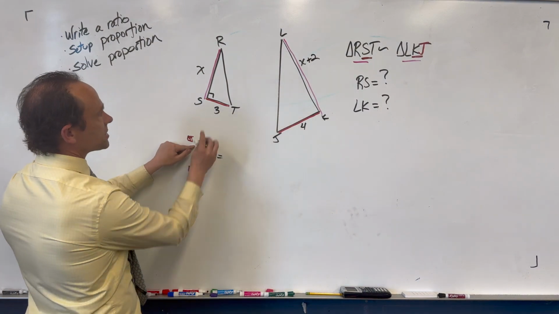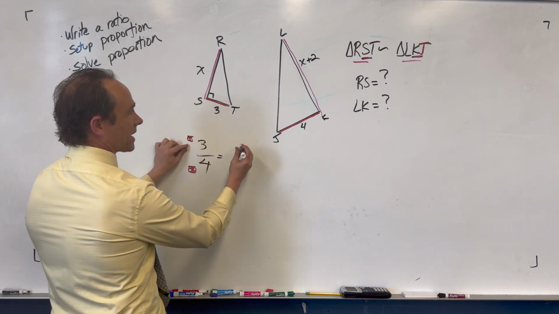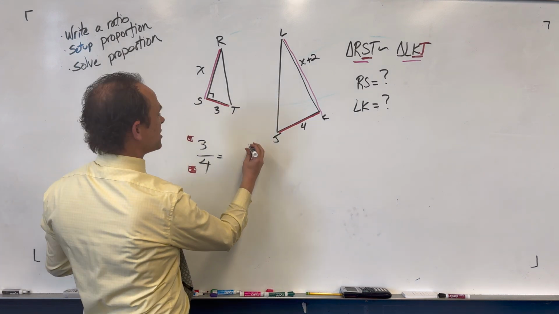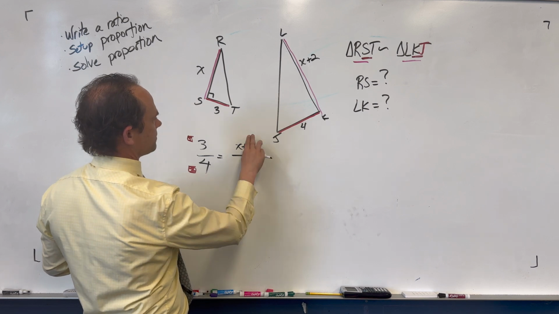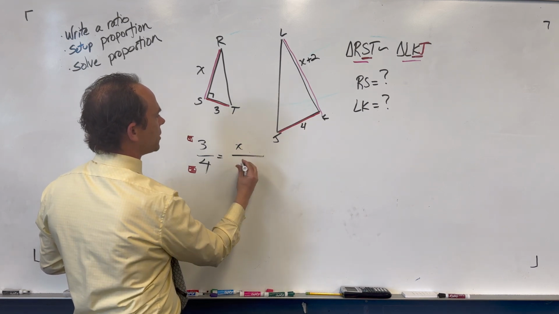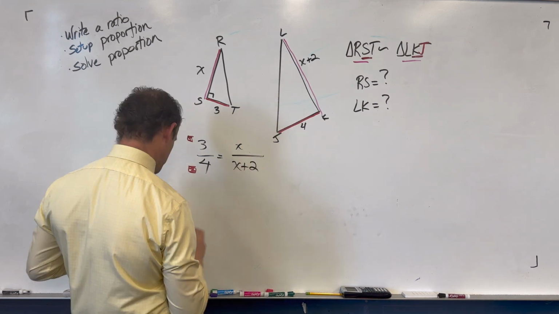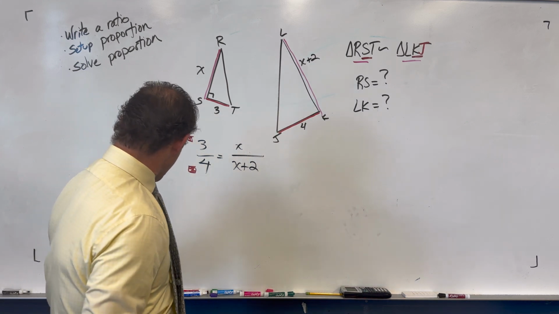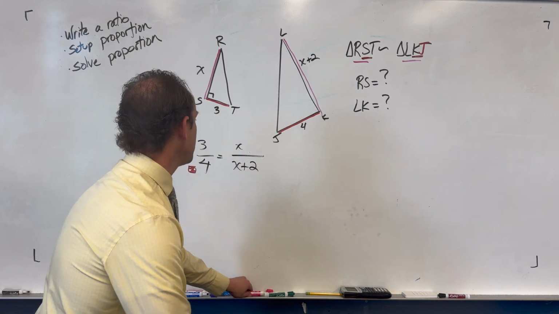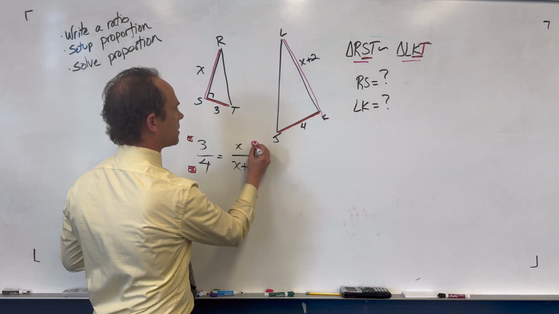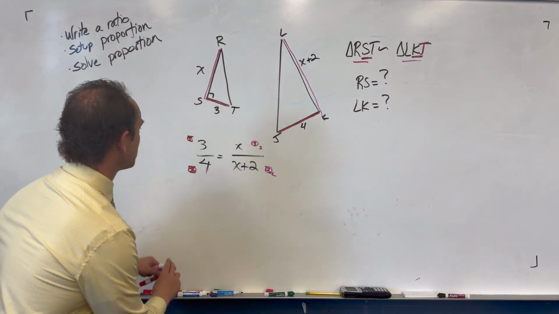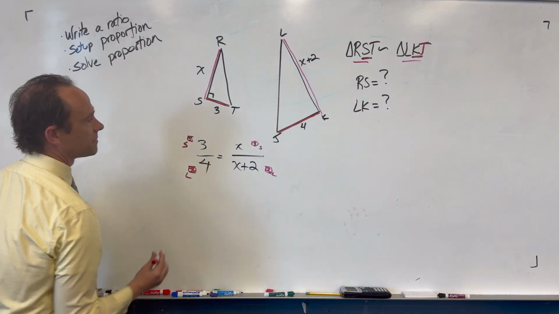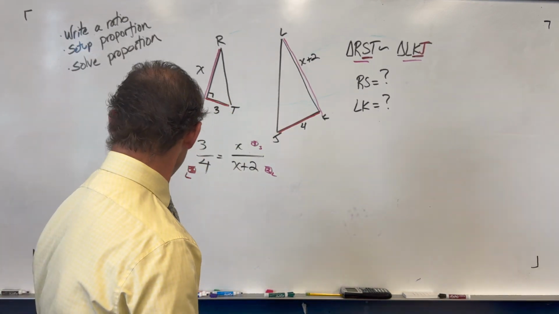Now, 3 is the smaller triangle, so I gotta have the smaller one up here. So I'm going to do x over x plus 2. Let's grab pink. And this is the smaller one, and this is the larger one. Similarly, smaller, larger.